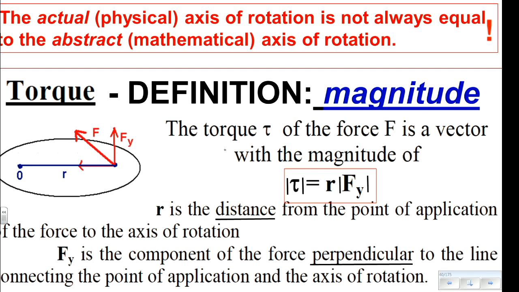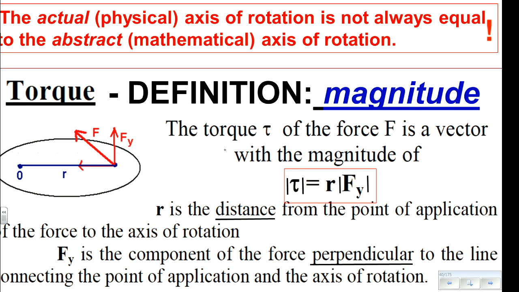And the last variable, the Y component, is the component of the force which is perpendicular to the line which connects the axis of rotation and the point of application of the force. That's what it is. So if my force is at a certain angle, it always has two components. One is parallel, one is perpendicular. The parallel one doesn't rotate.